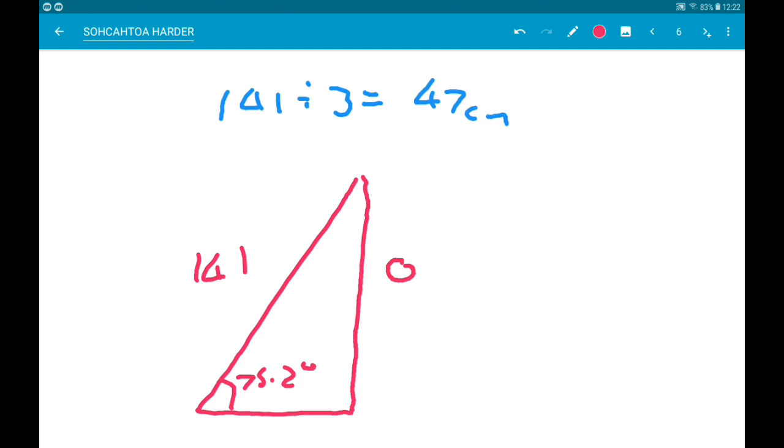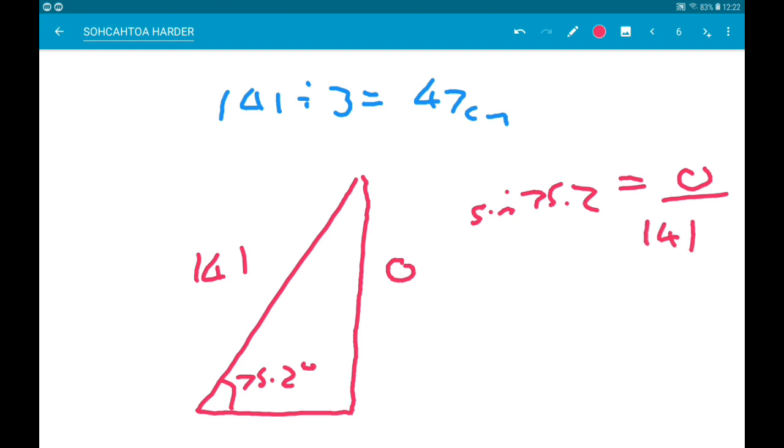So, SOH tells us sine 75.2 is the opposite over 141.